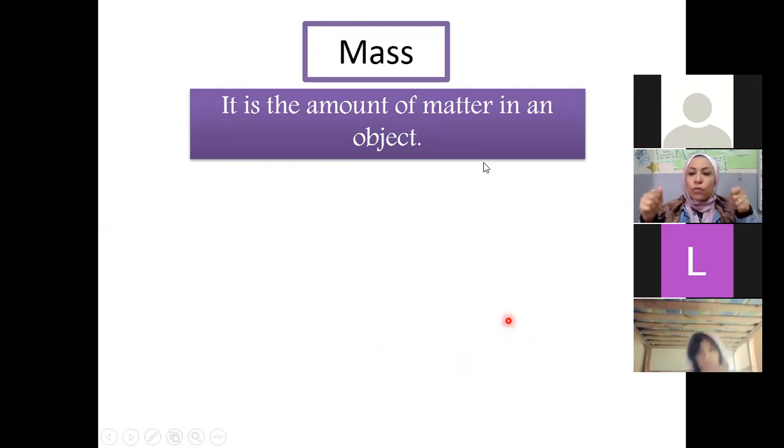Again, it's like you're filling your bag with 30 or 20 books. You took this bag anywhere, the number of books will stay the same. It will never change. So your mass, your bag's mass and your chair's mass, doesn't change wherever you go.